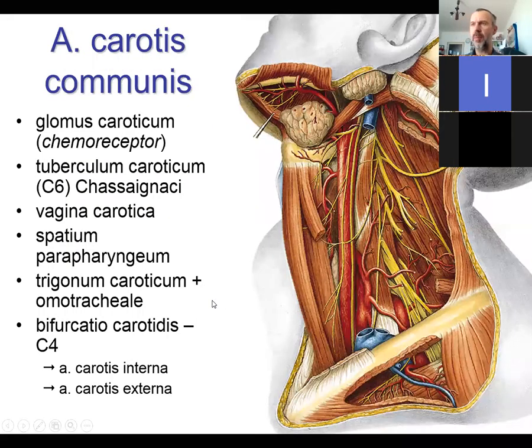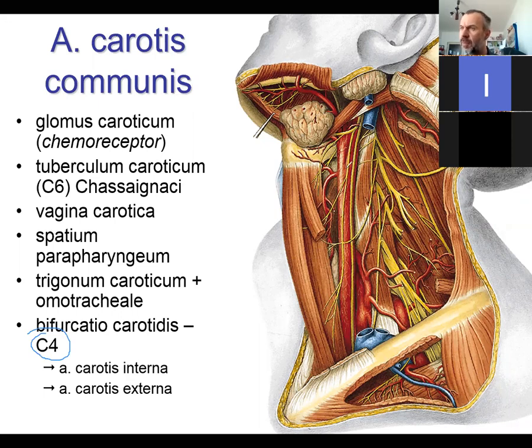Okay, now let's talk about the branches. The brachiocephalic trunk has no side branches. It just terminates into the subclavian and common carotid. And the common carotid has no side branches, and it terminates as the internal and external carotid at the level of C4. Yeah. So at the level of C4, we have a bifurcation.